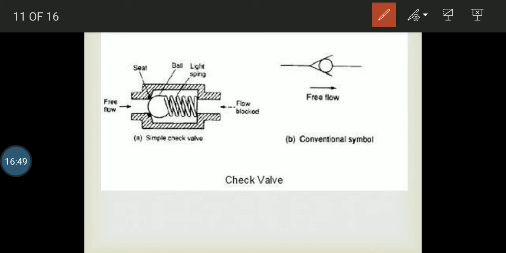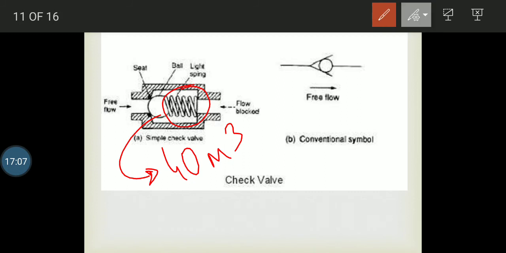Based on that tension, the fluid will be allowed into the system. Suppose I require about 40 meter cube of discharge, so I will set the tension of this spring to this 40 meter cube of discharge.